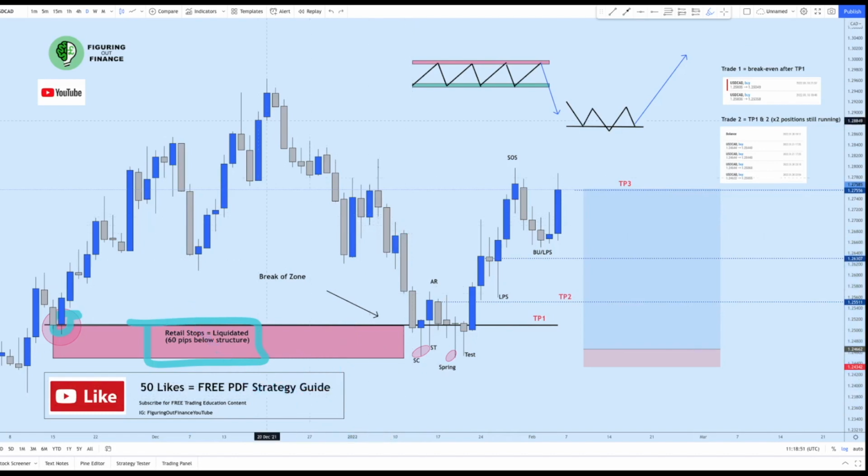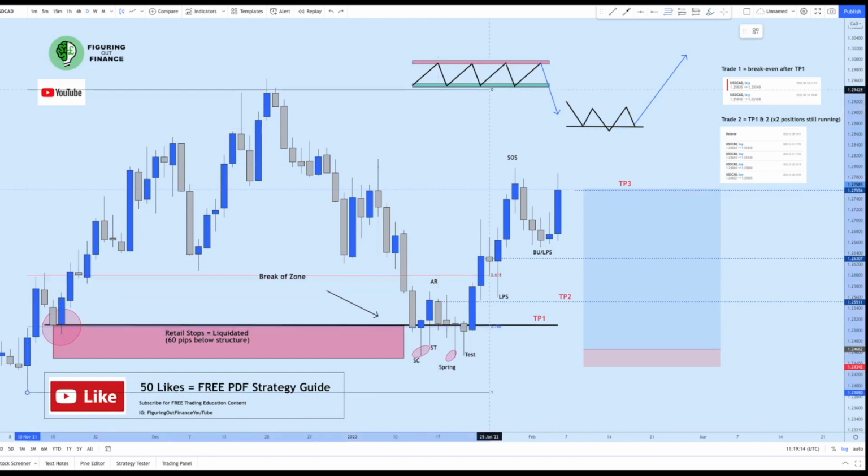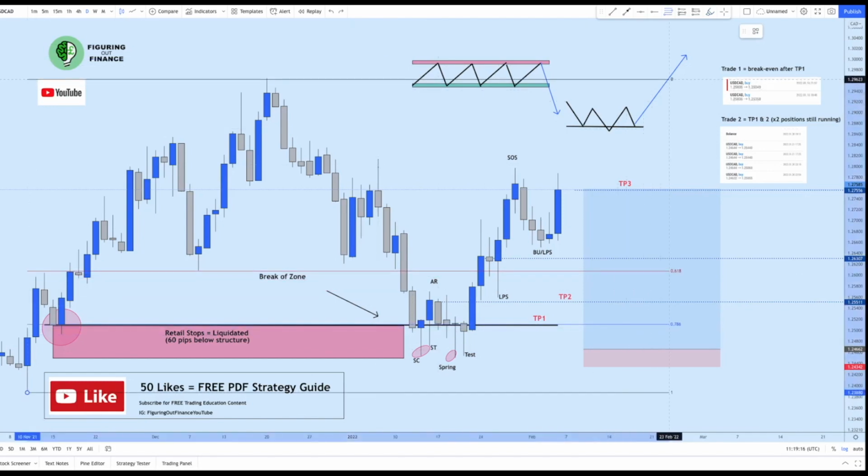So right from the get-go, we were looking at this liquidity, this support and resistance, and looking for retail traders to get trapped or liquidated, okay? And just as additional confluence, we could see retail liquidity was likely to get in on this trade. And you might ask why, and that's because we've got the 786 fib, okay?